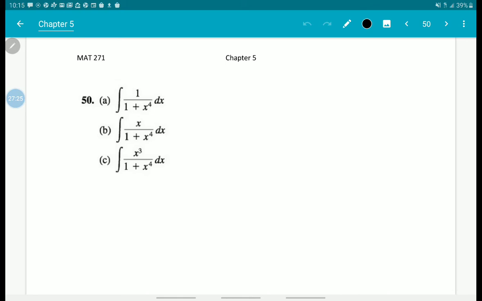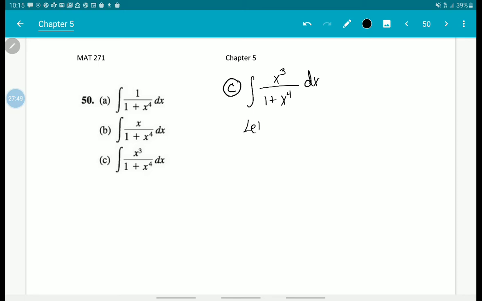So I actually want to start with part C. So we are integrating x cubed over 1 plus x to the 4th dx. So you have to think about, what could I possibly let u be? And we have this 1 plus x to the 4th in the bottom, and we have an x cubed on top.